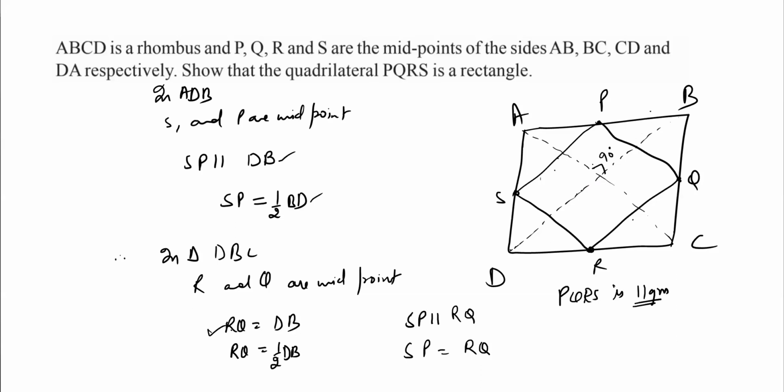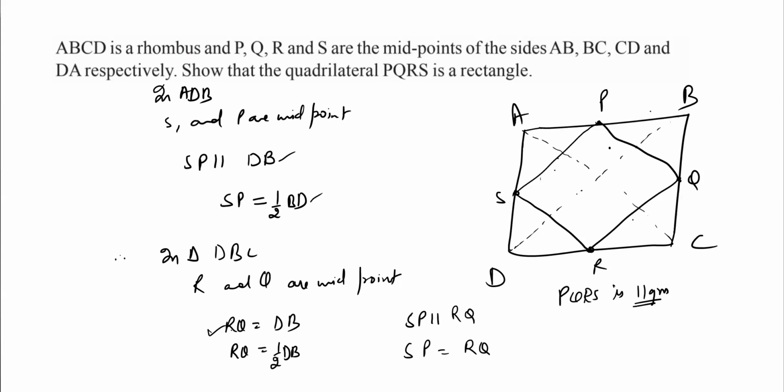Another way, how can you prove it? Or you can prove it using the diagonals. If a parallelogram has its diagonals equal, then it is a rectangle.